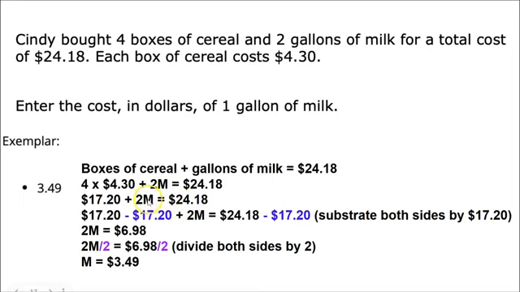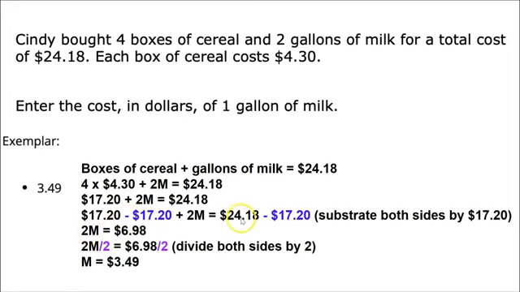We got to get m by itself. So we need to get rid of this 17.20. And what you do on one side of the equation, you have to do on the other. So we minus the $17.20 on both sides. That cancels out that $17.20 and leaves 2m by itself.